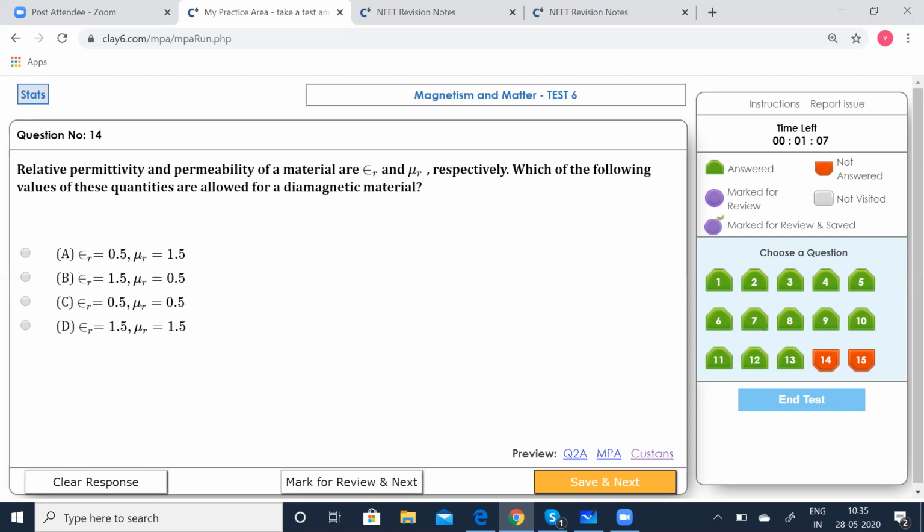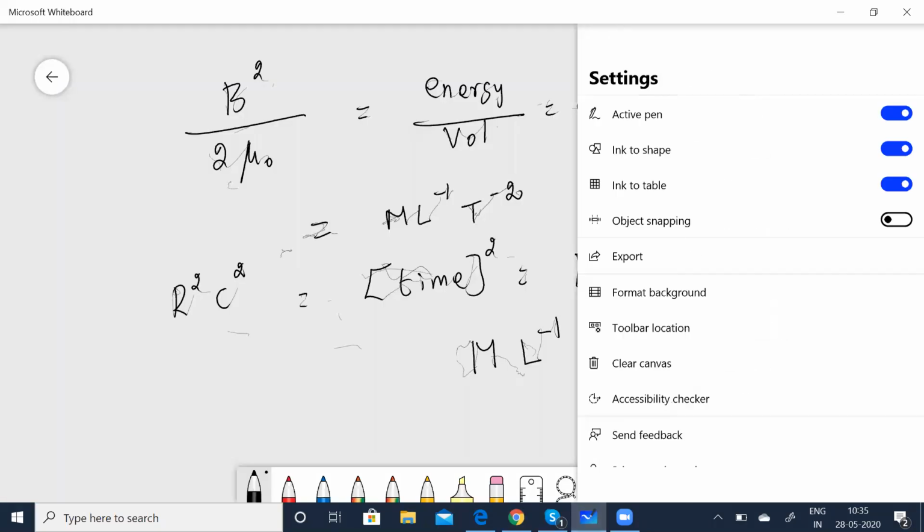Relative permittivity and permeability of a material are epsilon r and mu r respectively. Which of the following values of these quantities are allowed for a diamagnetic material? For a diamagnetic material, you know that 0 is less than mu r is less than 1.